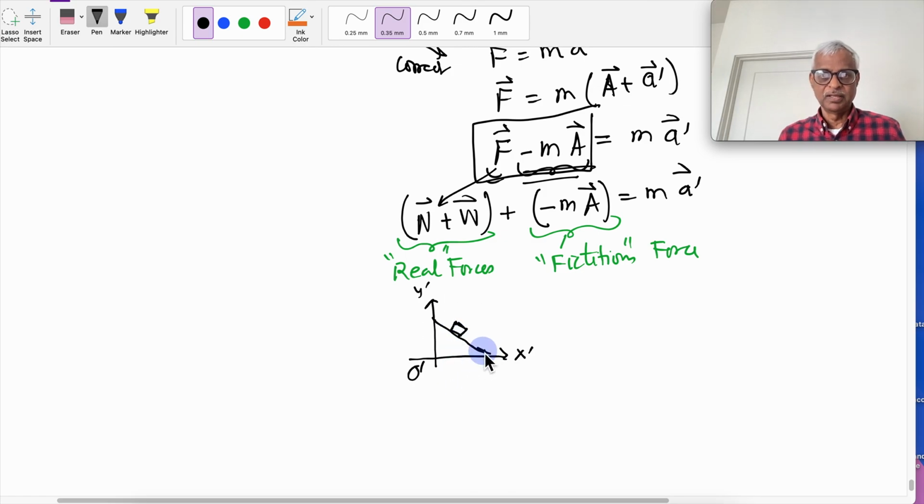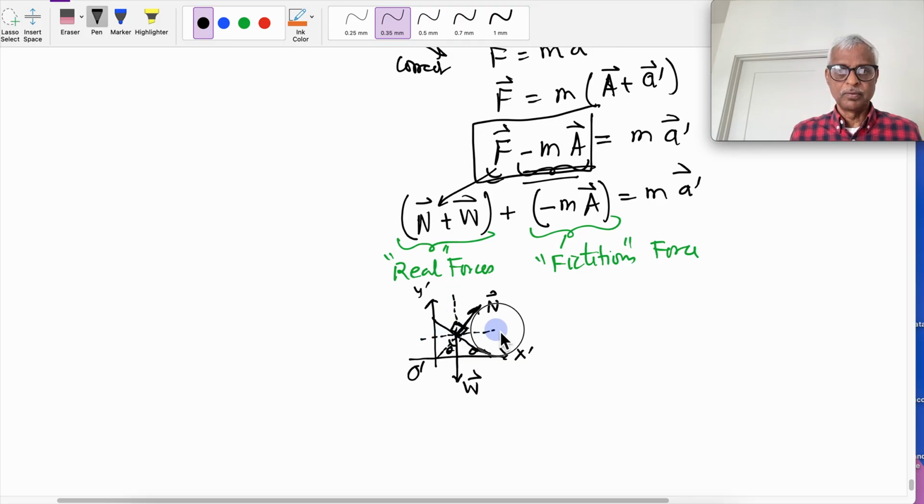The block is that way, weight is that way, normal is that way, and this is 90 degrees, this is theta, so this angle is theta, this angle is theta, this is y prime, x prime, right?